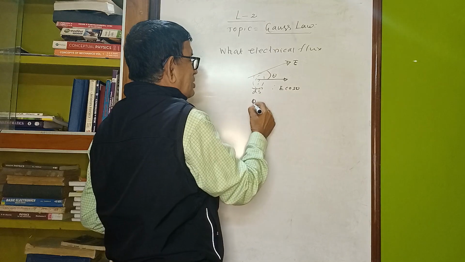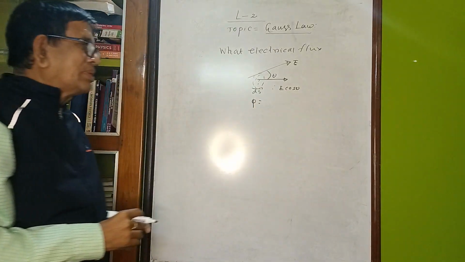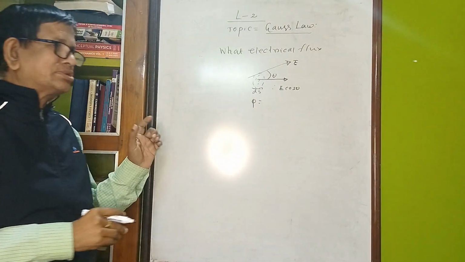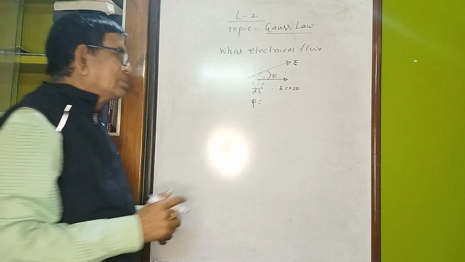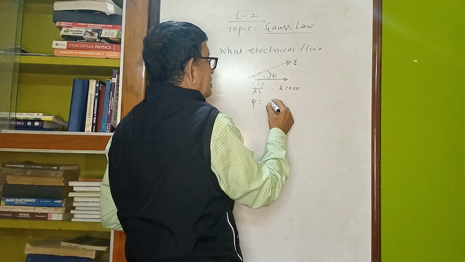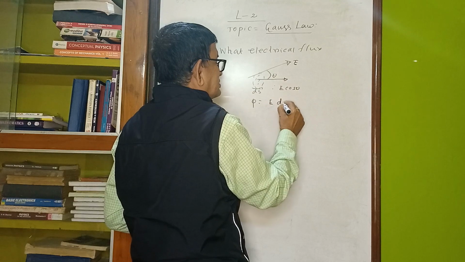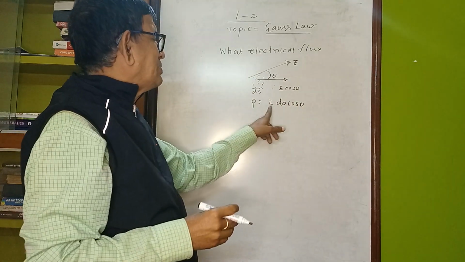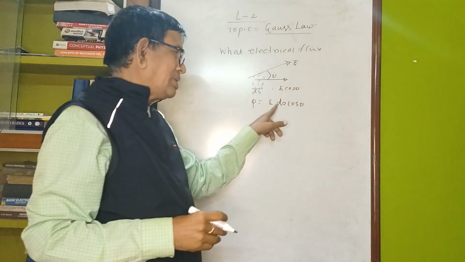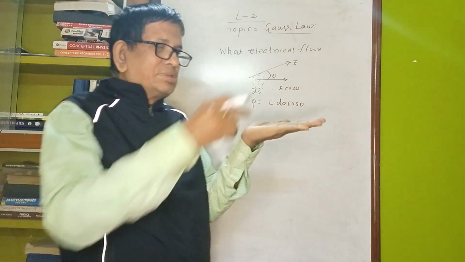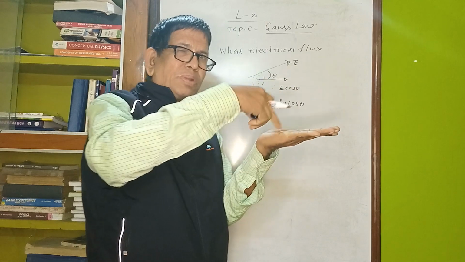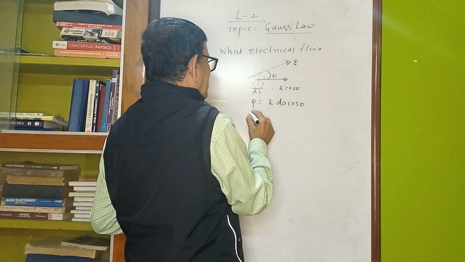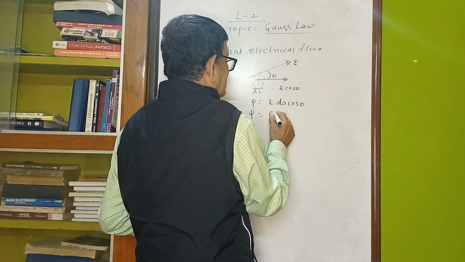Now flux equals the total electric lines of force passing through the area considered. So we have E ds cos theta as the flux, where theta is the angle between the electric field vector and the area vector. You should always imagine the area vector is perpendicular to the plane surface. Now we have flux equal to E dot ds.